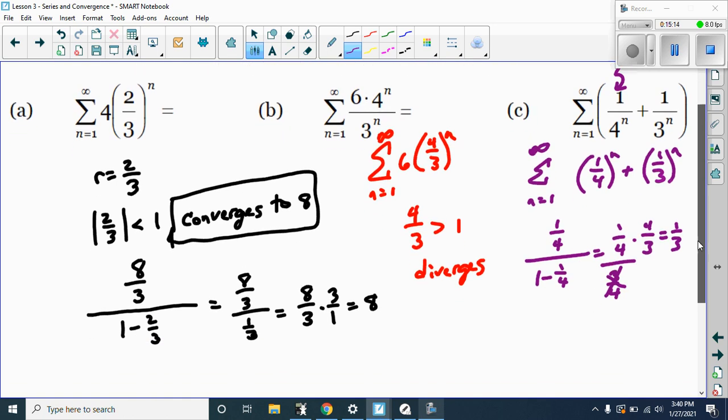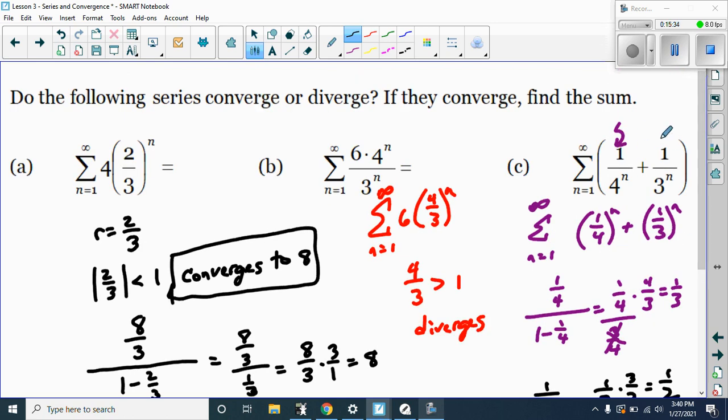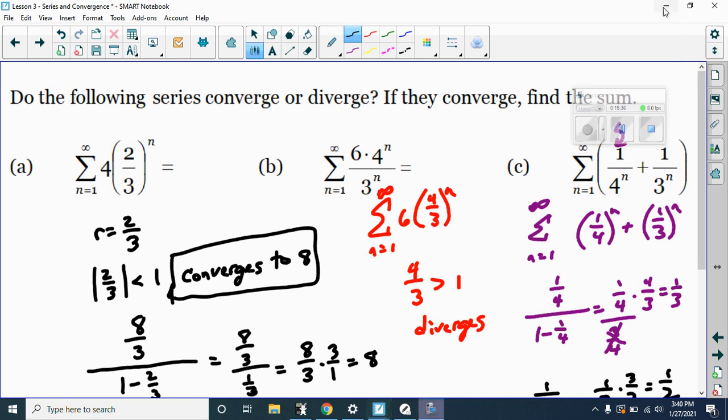This part over here, the 1 over 3 to the n, I would do 1/3 divided by 1 minus 1/3. We actually did this part earlier. You should get 1/2. So this converges to 1/3, this converges to 1/2. So the sum of the two, 1/2 plus 1/3, the whole thing adds up to 5/6.